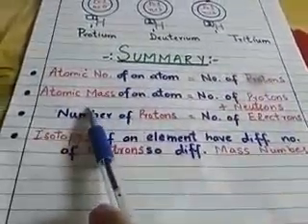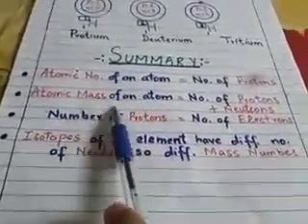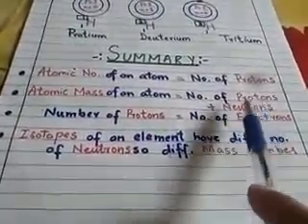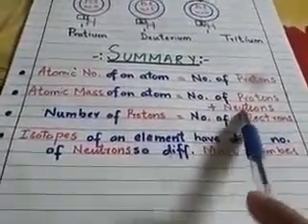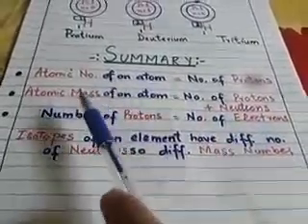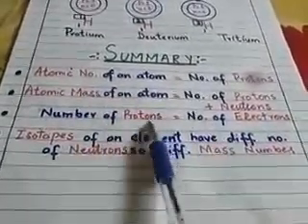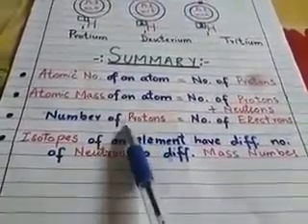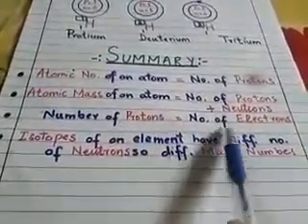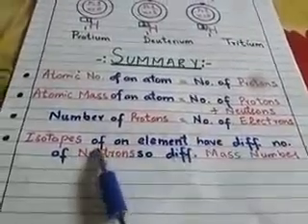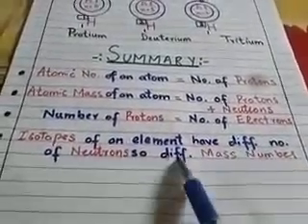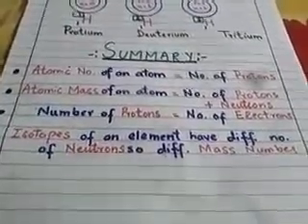Second, atomic mass of an atom is equal to the sum of its protons and neutrons. Third, in case of a neutral atom, the number of protons and the number of electrons are always equal. And the last point, isotopes of an element have different number of neutrons, so they have different mass number.